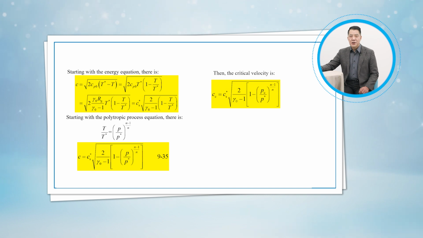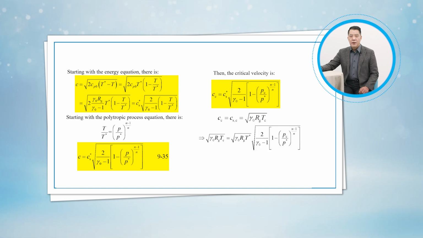Then, from equation 935, the critical velocity is. With the definition of sonic speed, the above equation can also be written as. We then have this relation.